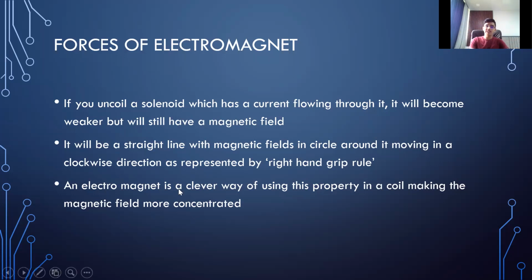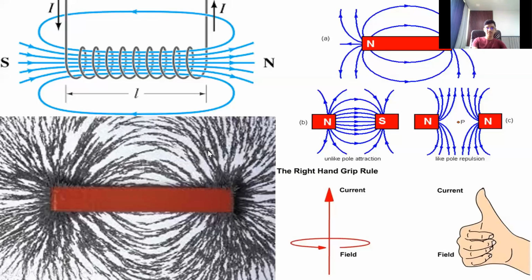An electromagnet is a much more clever way of using this property in a coil, making the magnetic field much more concentrated, and you can then use that to induce electricity or create motion. Like I said, we have a current flowing through it, and then there's this magnetic field, which moves in a clockwise direction.